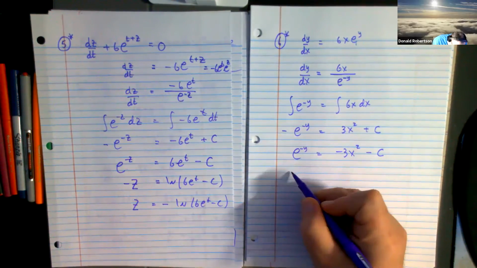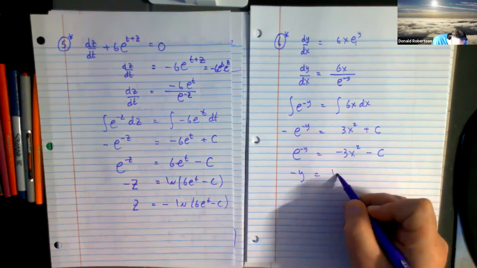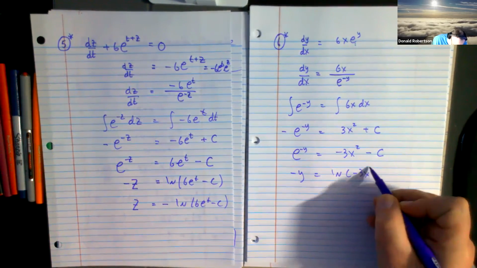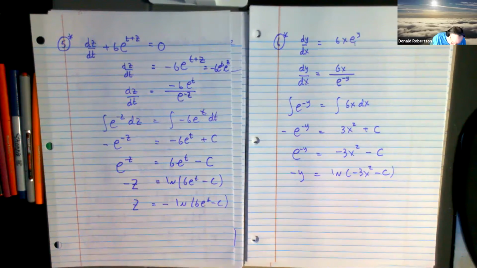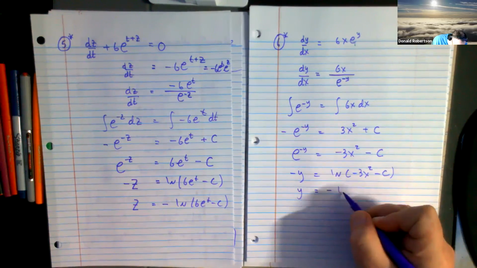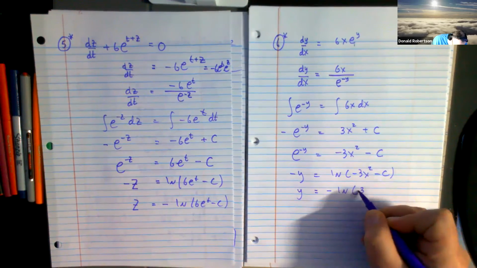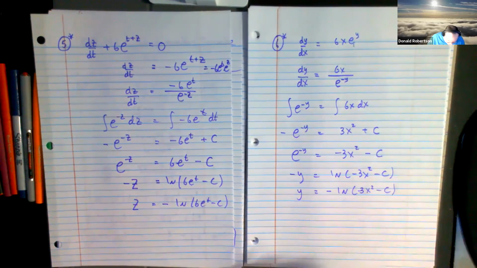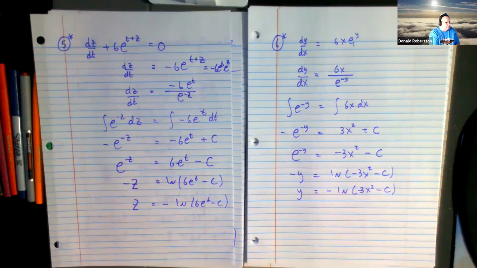Take the natural log of both sides. You can either say divide both sides by -1, or you can say multiply both sides by -1. It essentially ends up being the same thing. You've got that. But now we have something extra to do.